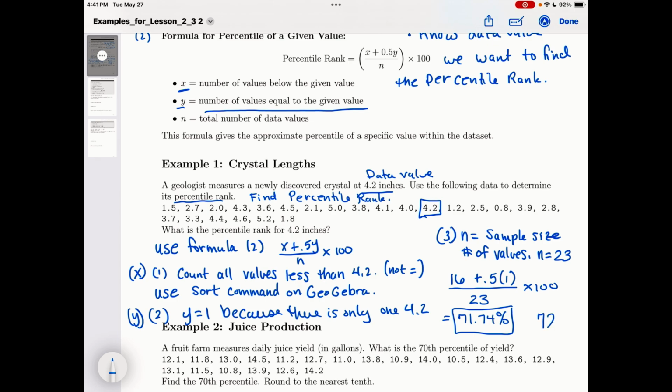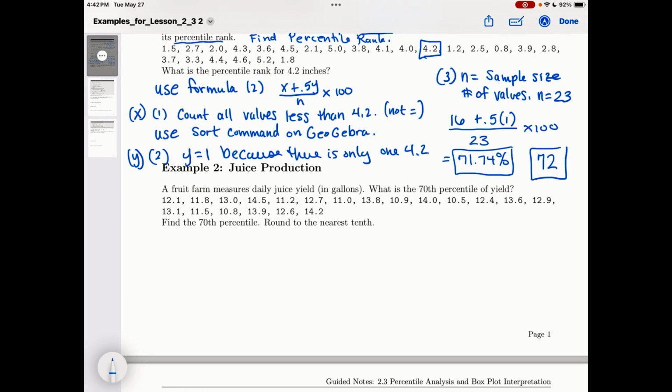So the final answer, when we round it to our nearest percentage, is going to be 72. So our percentile rank for 4.2 is 72. And what that means is when we look at the data from smallest to largest, approximately 72% of the data is going to be less than 4.2.